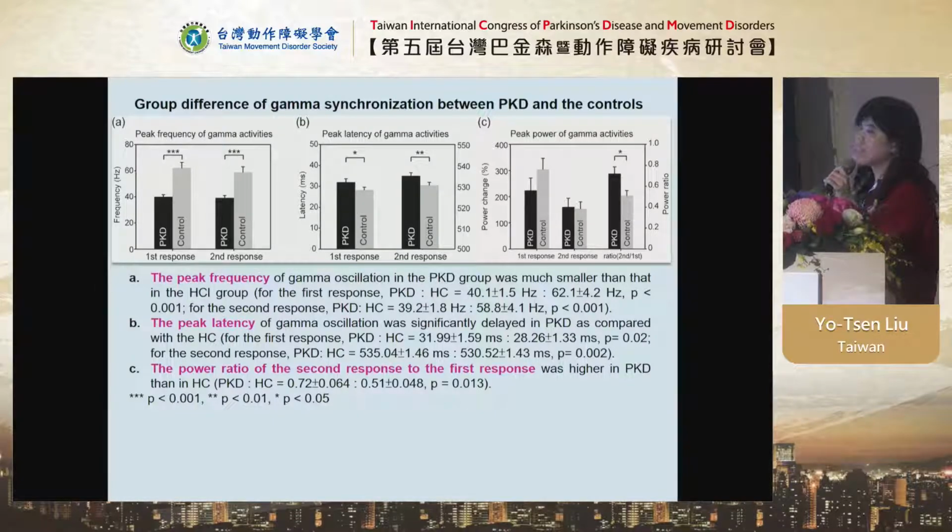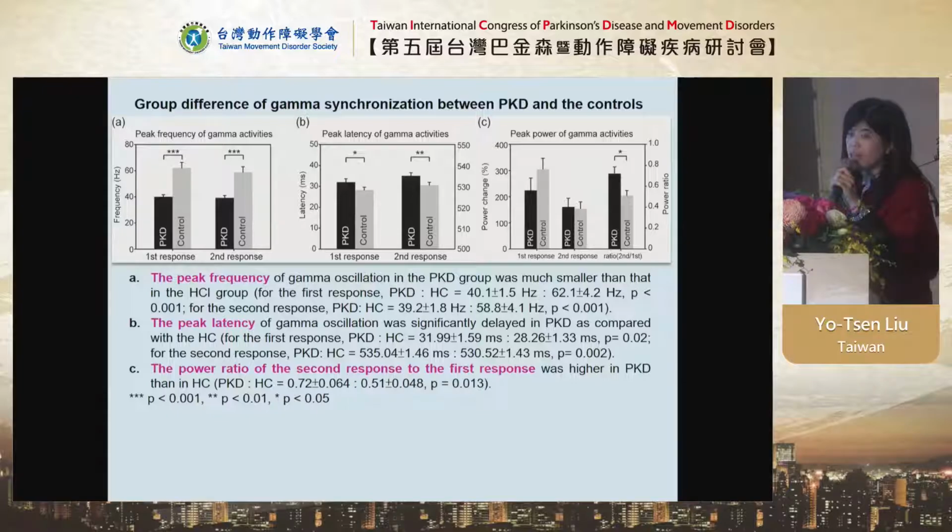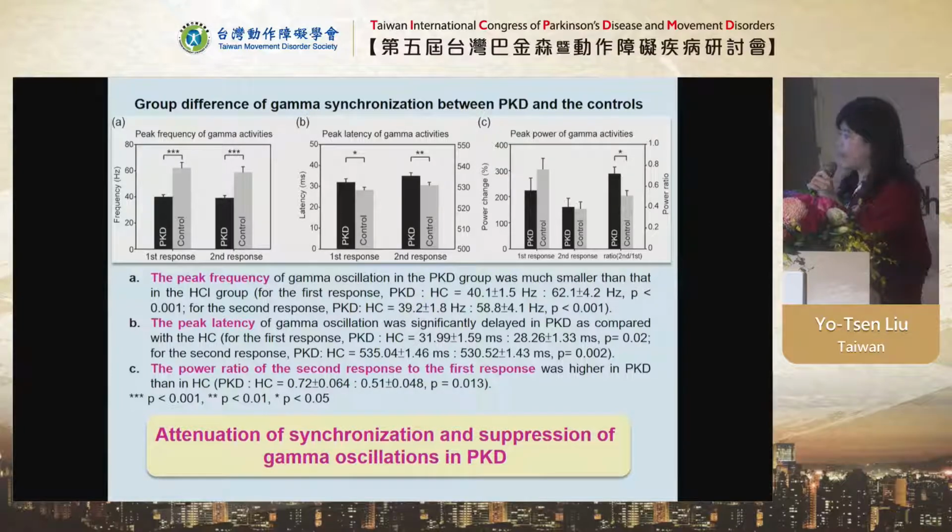They lost their synchronization. We also measured the power ratio of the second response to the first response. Normally, we will inhibit the second response, but we found that in PKD patients, the power ratio increased. That means the second response did not decrease enough. So we found that in PKD, there is attenuation of synchronization and suppression of the gamma oscillation.